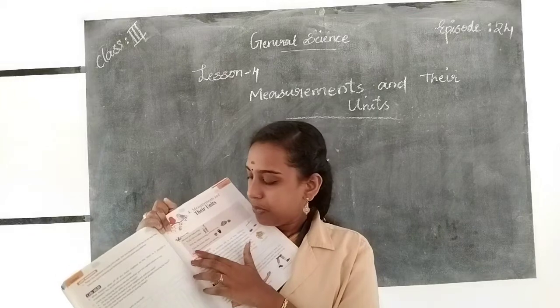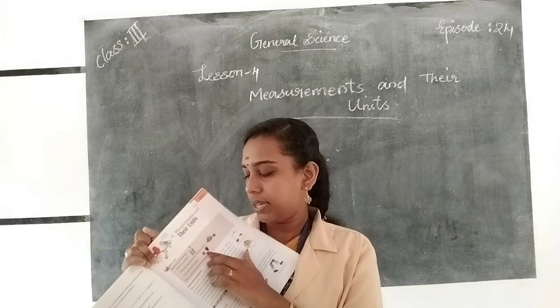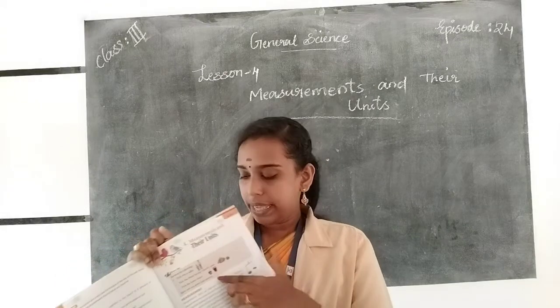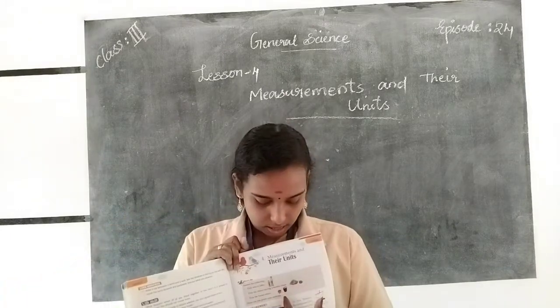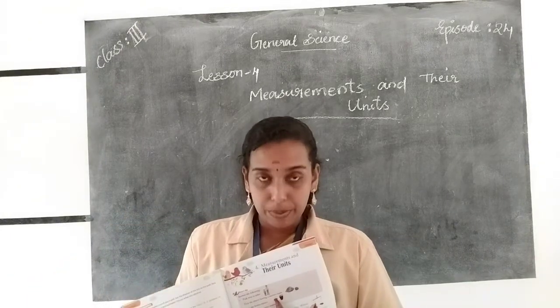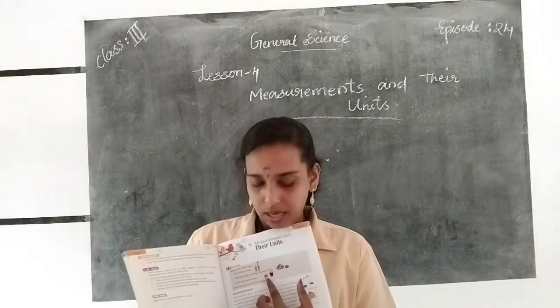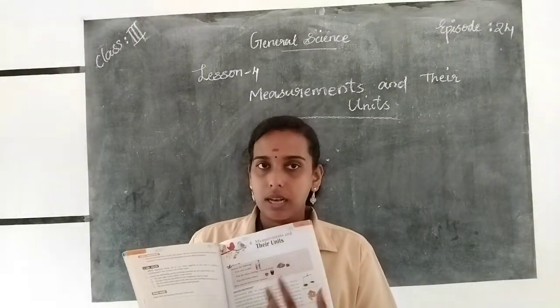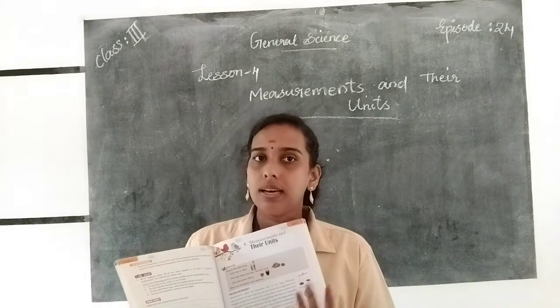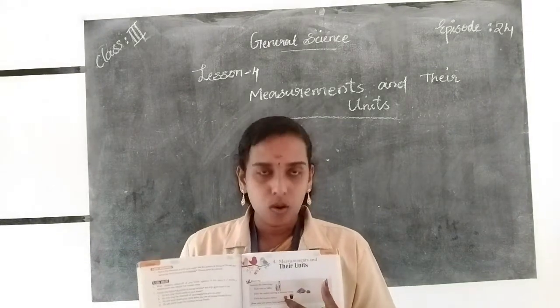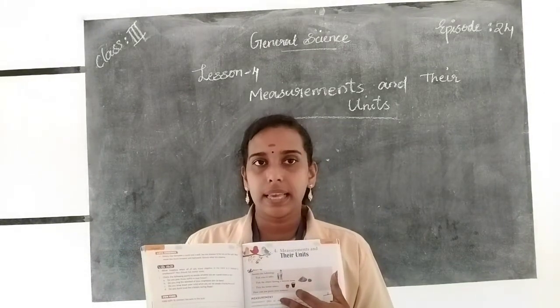Then the next one. Pick the hottest object here. Which is the hottest object? Here you can see that in the first one the vapor rises up, which means the cup is hotter than the second object. So the first one is hotter than the second one.